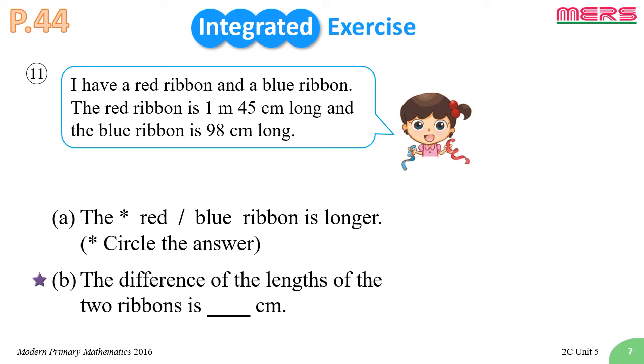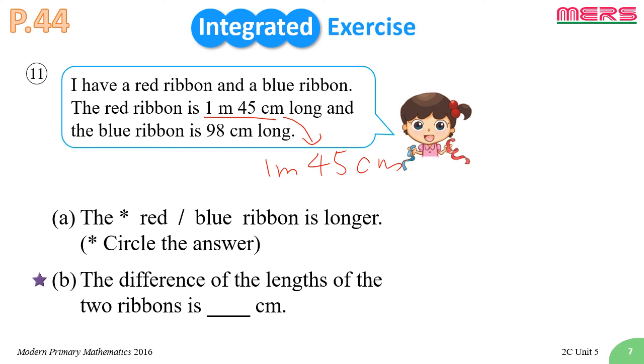For the next one, question 11. As you see, for this question you have the red ribbon and the blue ribbon. Before you do the calculation, you have to change the 2 units to 1 unit. So 1 meter 45 centimeters.